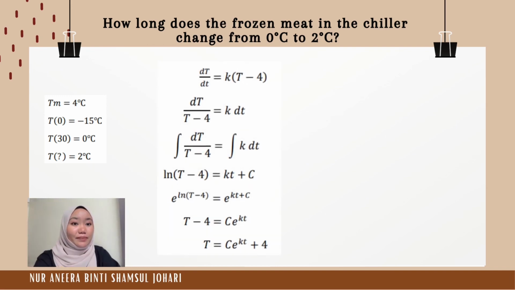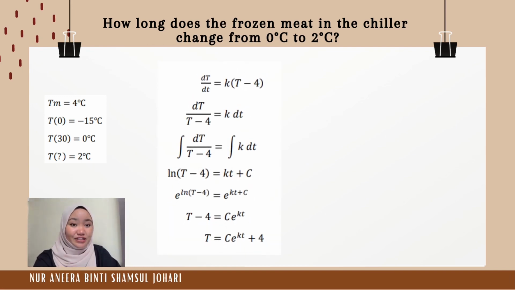By using the model mentioned in the introduction earlier, we can start our solution with dT/dt equal to k(T minus 4), where 4 is the temperature of the surrounding object.